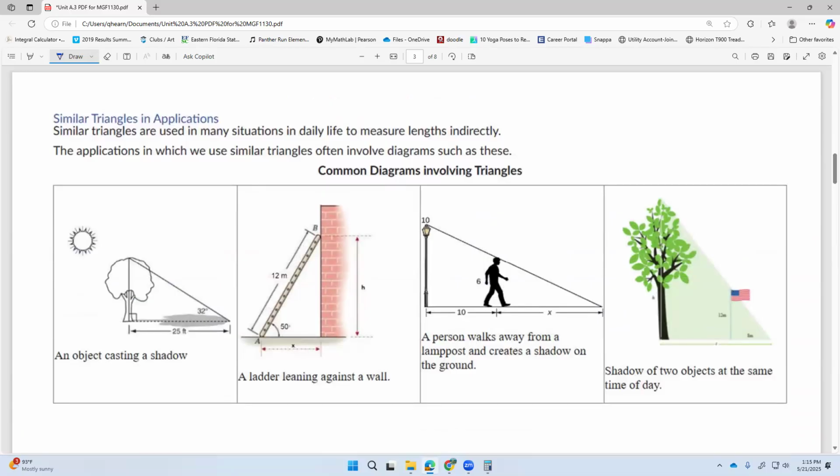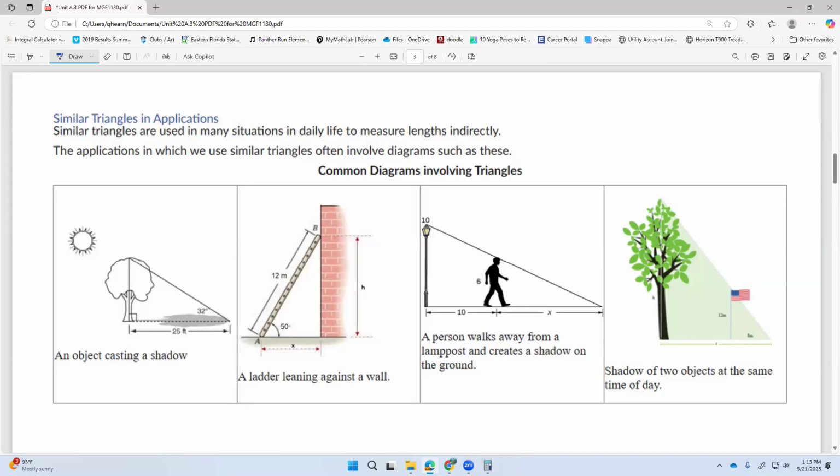Okay, now let's talk about the types of contexts of problems that we're going to be looking at that's motivating us to talk about similar triangles. So similar triangles are used in many situations to measure lengths indirectly. The applications in which we use similar triangles often involve certain common diagrams.